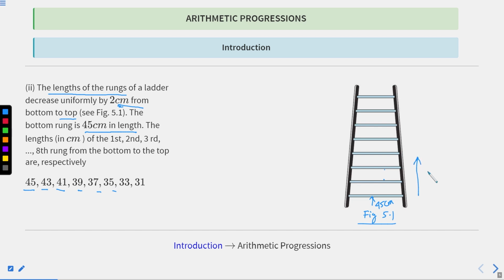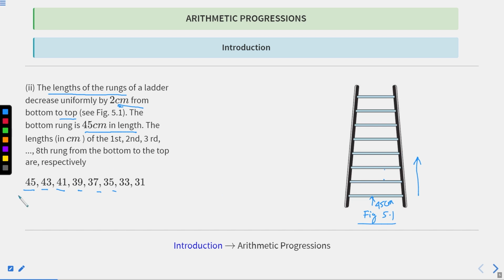The length of the bottom rung is 45 centimeters, and the second rung from the bottom is 43 centimeters. Then the third one is 41 centimeters, and the fourth one is 39 centimeters.